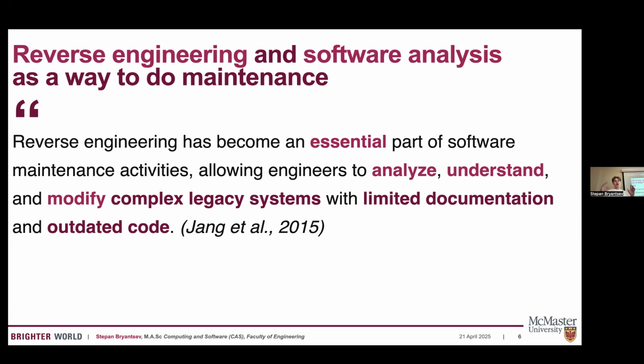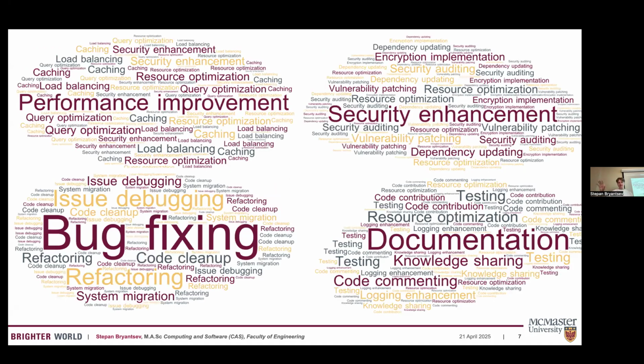They help us to do the maintenance process. They focus on a very diverse set of maintenance areas, including performance improvement, security enhancement, bug fixing, documentation, and many other areas. So we have a lot of tools and a lot of opportunities to help us.